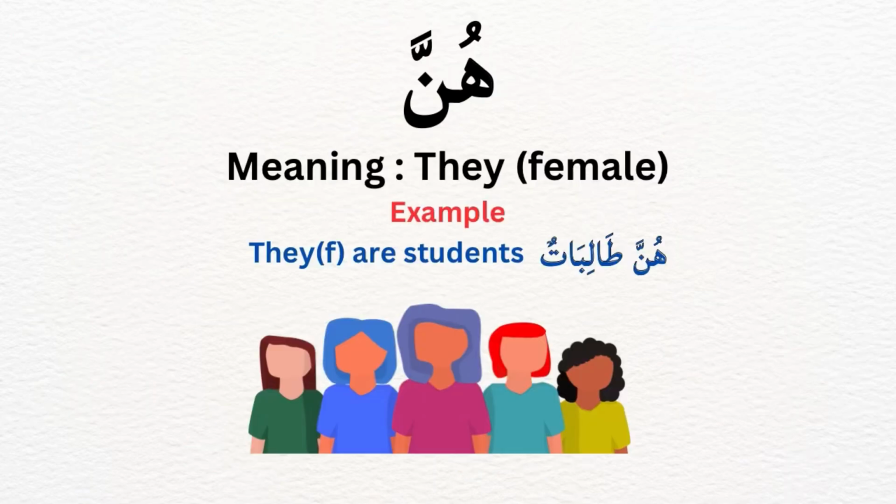Hunna is used for three or more females, meaning they, females. For example, if you are addressing some females and you say they are students, you use hunna talibatun. It means they are students in case of females.